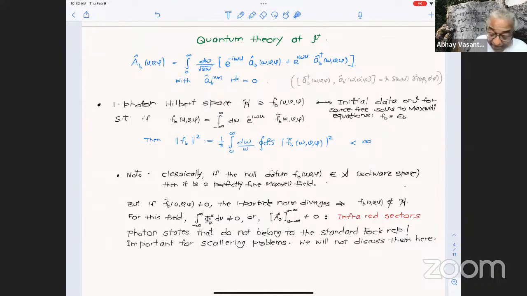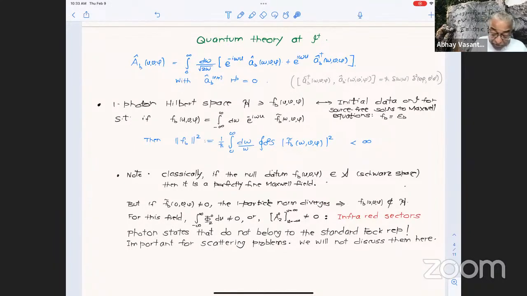I could have taken the Y_lm decomposition for theta and phi, but I'm not doing it, and therefore this object depends on omega, theta, and phi. In Minkowski space, that depended on A of k, three objects k1, k2, k3, and now it depends on omega, theta, phi. Again, this is transverse, so it only has two components, which are given by A2 naught, as we saw before. And we have this convention for the creation and annihilation operators.